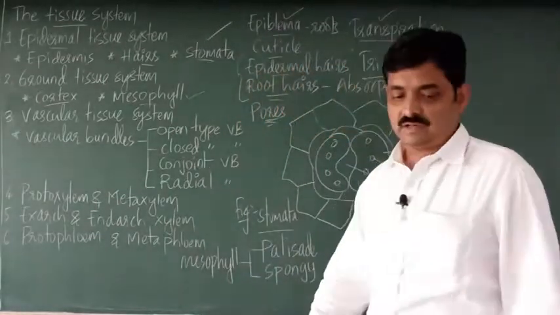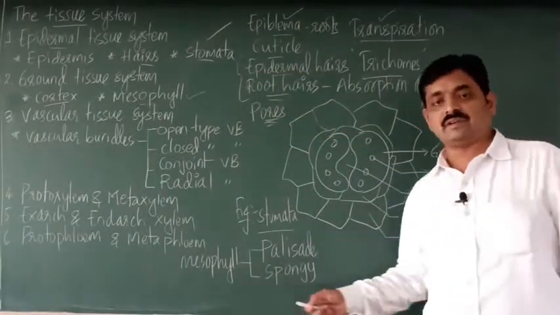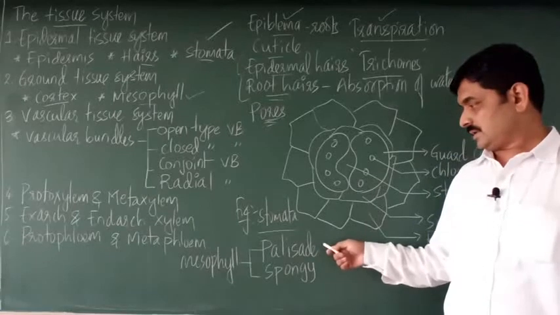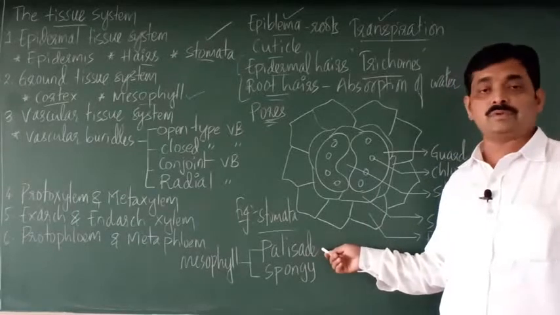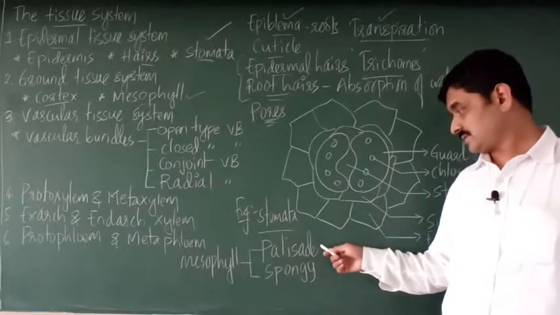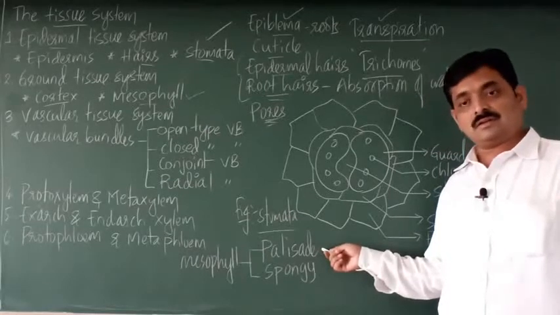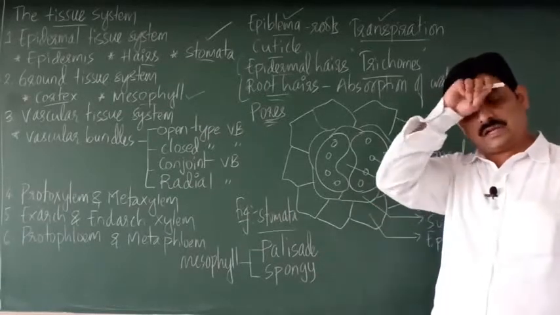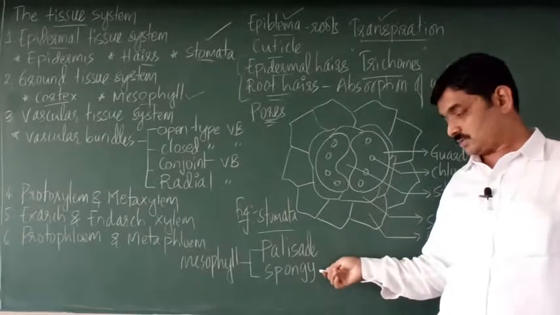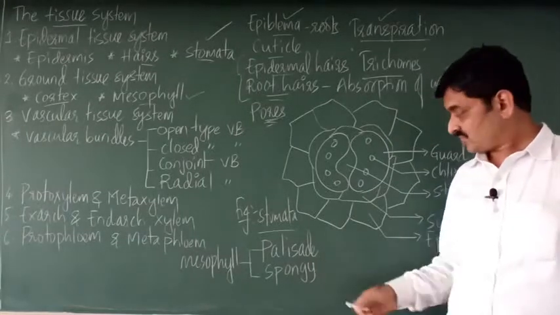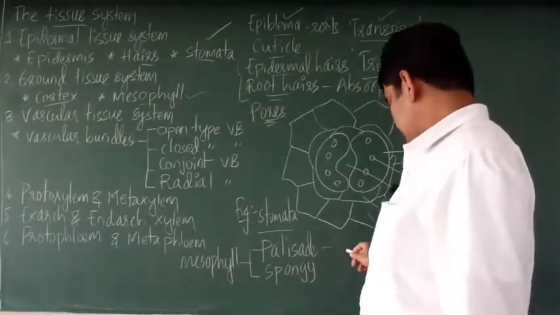So the mesophyll tissue of leaf is classified as the palisade and spongy. So we can call it as palisade parenchyma and the spongy parenchyma.